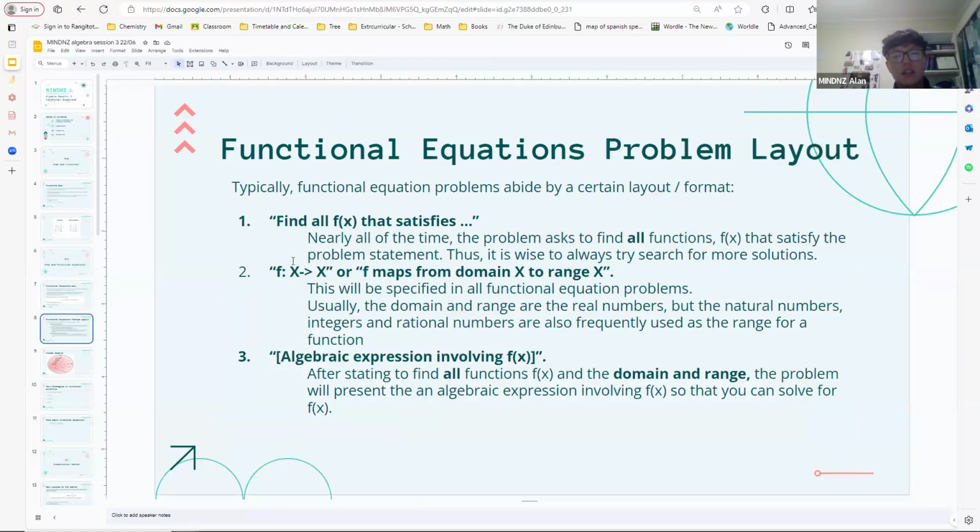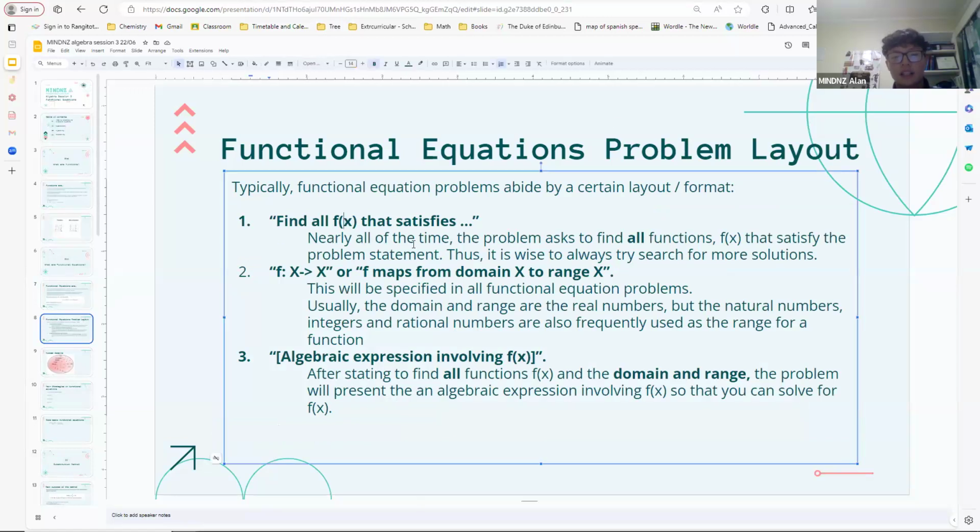Typically, a functional equation abides by a certain layout that either starts with or ends with "find all f of x". It asks you to find all functions, so if you miss one function, you will lose a lot of marks. So we're always trying to find more solutions.